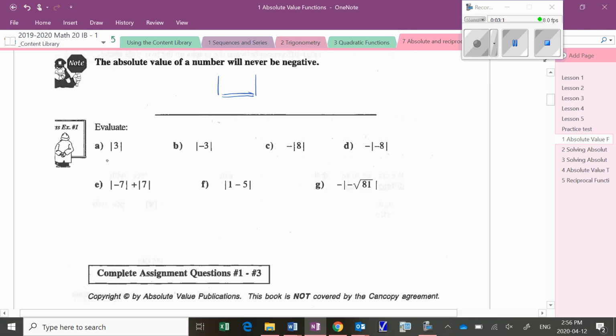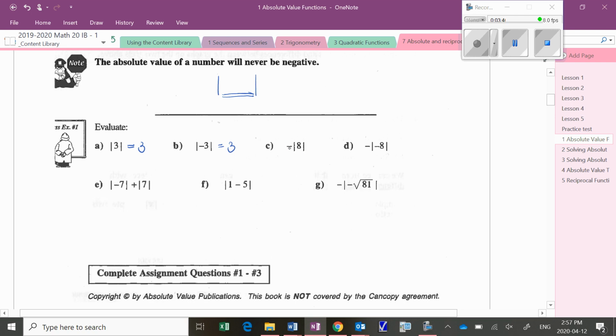Class example number 1A, absolute value of 3. So how far is the number 3 away from 0 on the number line? Of course, it's just 3 units away. Same thing, how far is negative 3 away from 0? It is 3 units. So in this case, the absolute value bars, you have to think about them almost as an operator as well. So kind of like brackets, but also an operator. So it's saying how far away from 8 is it? 8 units.